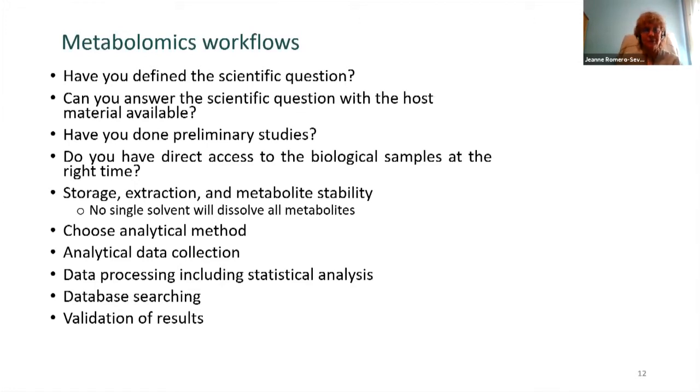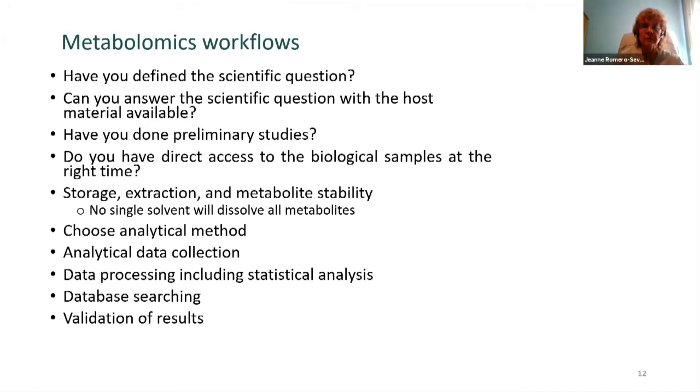That's really critical. And now you have to decide how you're going to store them, how you're going to extract them, and if the metabolites are stable. If you're doing something that involves leaf volatiles, for example, these compounds may not be stable, so you have to do something different to look at leaf volatile metabolites than to look at, say, a metabolite that is active in a stem canker.